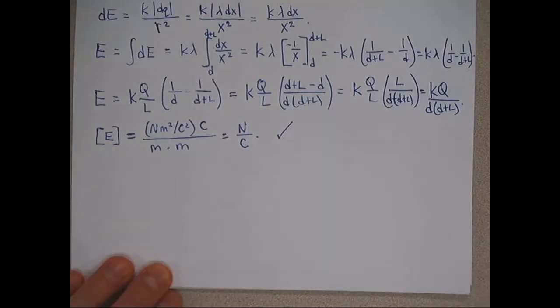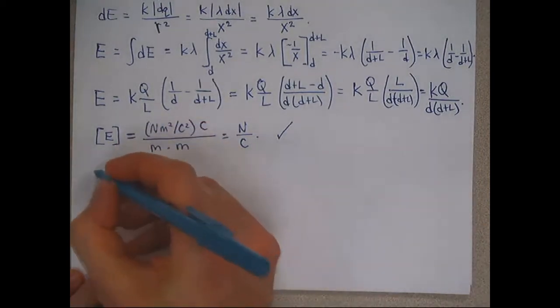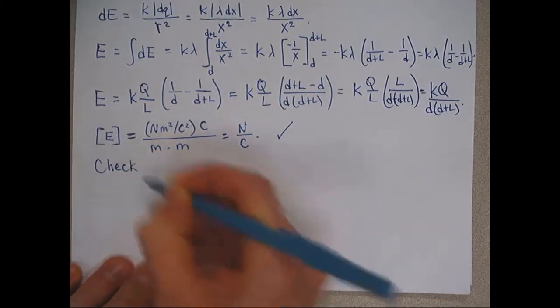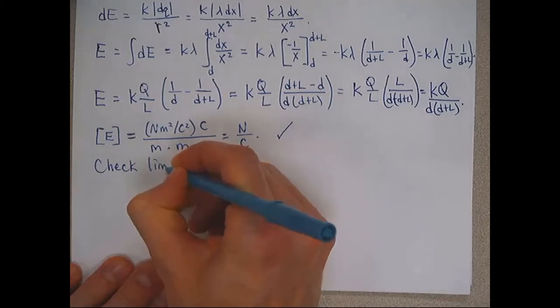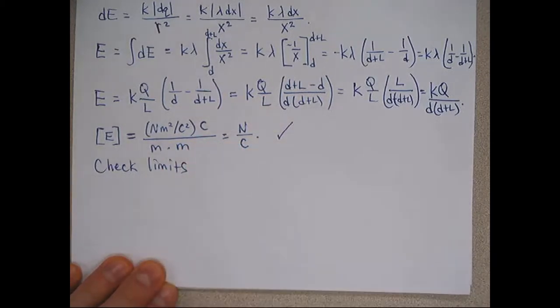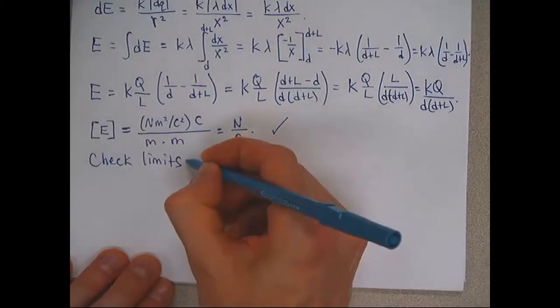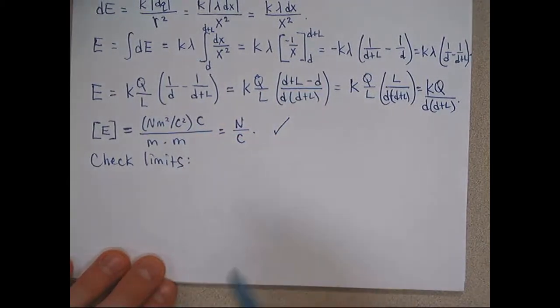What are the limits, the limiting behavior of every solution you get? It's going to tell you a lot about the physics, the ultimate meaning to your abstract mathematical expression here.